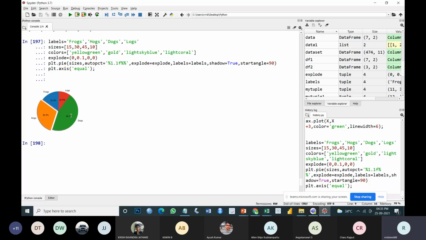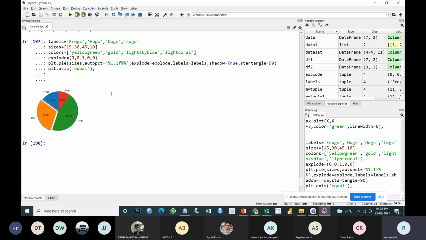And explode means, see that in the second category we get 0.1, which means only the second category is extracted from the pie chart. That is 0.1.